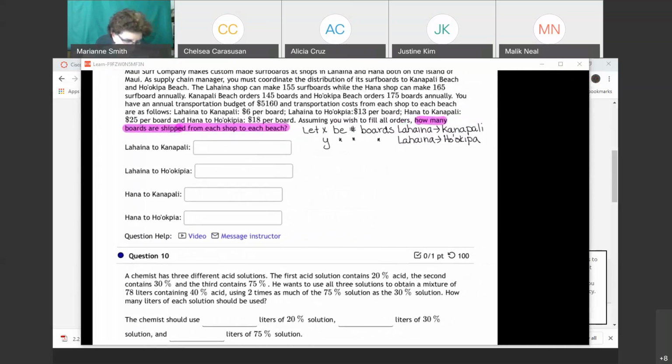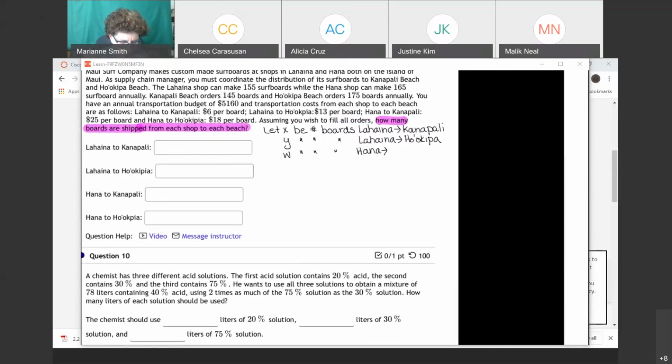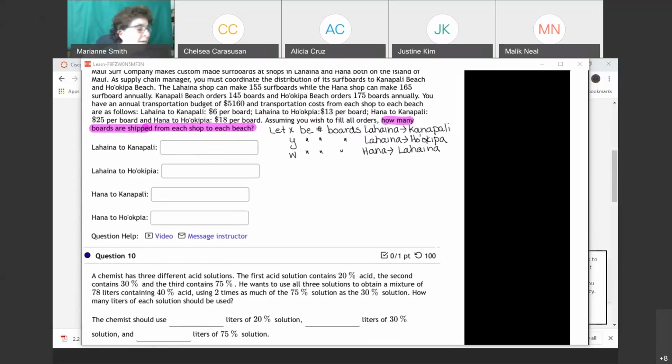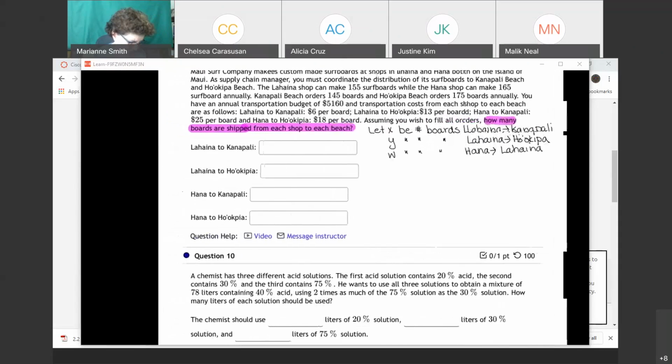And then I said, oh wait, I'm going to need an extra variable. So I said, let's let W be the number of boards from Hana to Lahaina. Okay, and you can see why it's critical that I basically Hana to Kanapali.